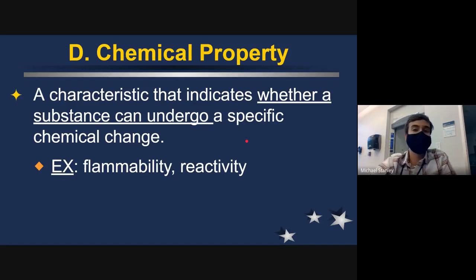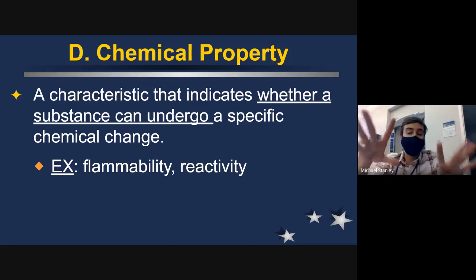So certain chemicals will undergo reactions with other chemicals very quickly, whereas other ones, like certain gases, like the ones that go into the big fancy neon signs, like neon or argon or xenon, are very, very unreactive. They do not react very easily with other chemicals in their area.